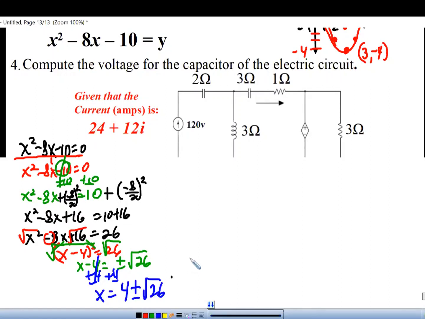And then let's write our 2 solutions. x sub 1 is 4 plus square root of 26. And x sub 2 is 4 minus square root of 26.